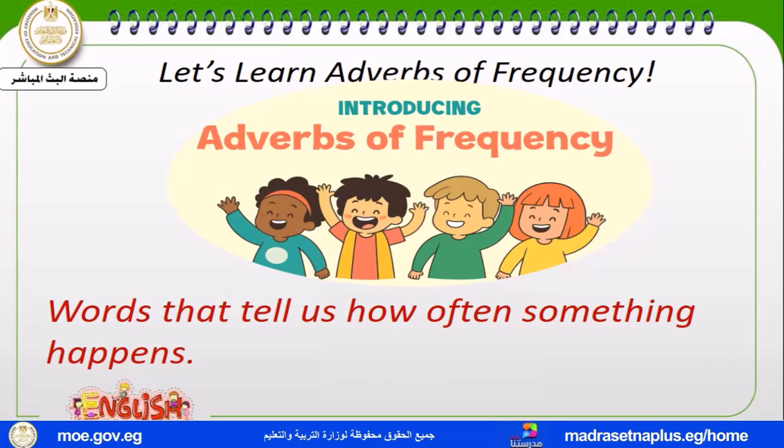We are going to learn about adverbs of frequency. When we say adverbs of frequency, we are talking about words that tell us how often something happens, how many times something is repeated. Do we repeat it every day, daily?